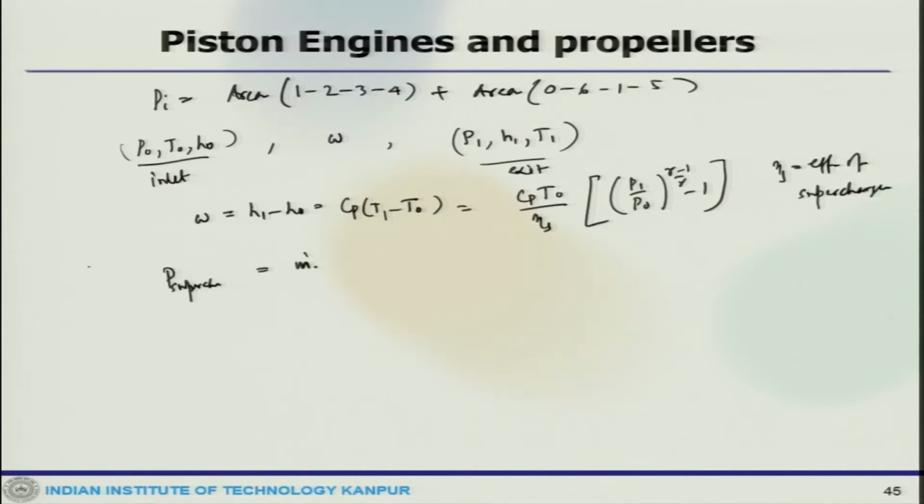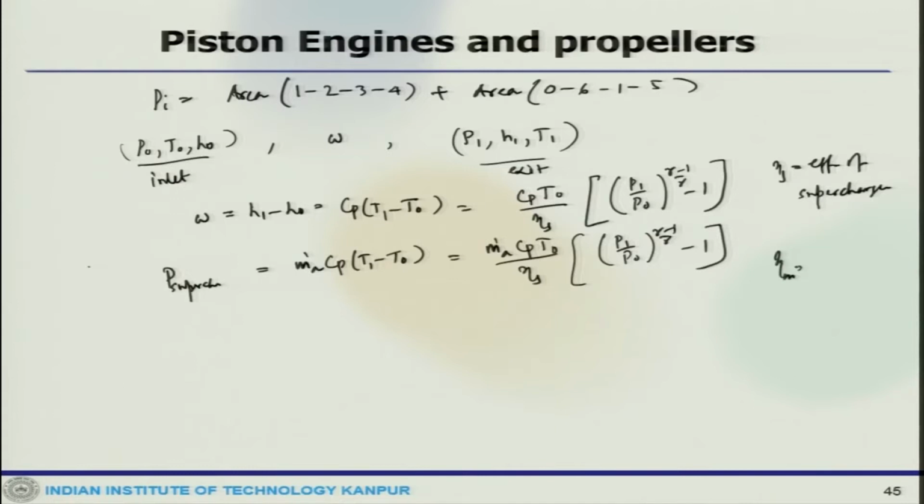So, the power required to drive the supercharger is m dot A Cp T naught by eta s times ((P1 by P naught) to the power (gamma minus 1) by gamma minus 1), assuming a mechanical efficiency between the supercharger and the piston of eta m. So, that is the mechanical efficiency.